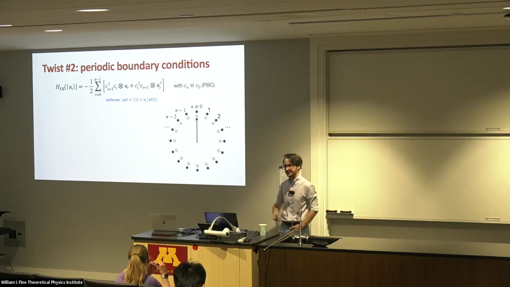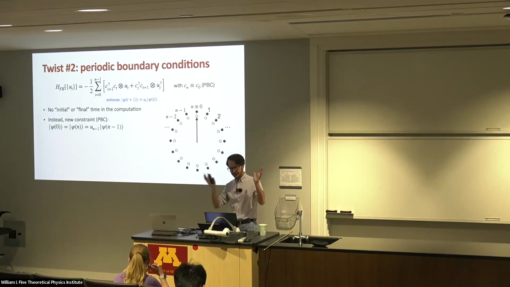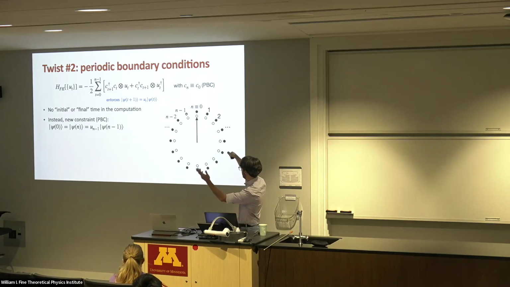on that transition. Okay, so now what this does is that it leaves this state psi of 0 in the history state completely unspecified, except it demands this self-consistency condition that it has to be obtained from the state at n-1, kind of what was previously the final time, by the application of one more gate.